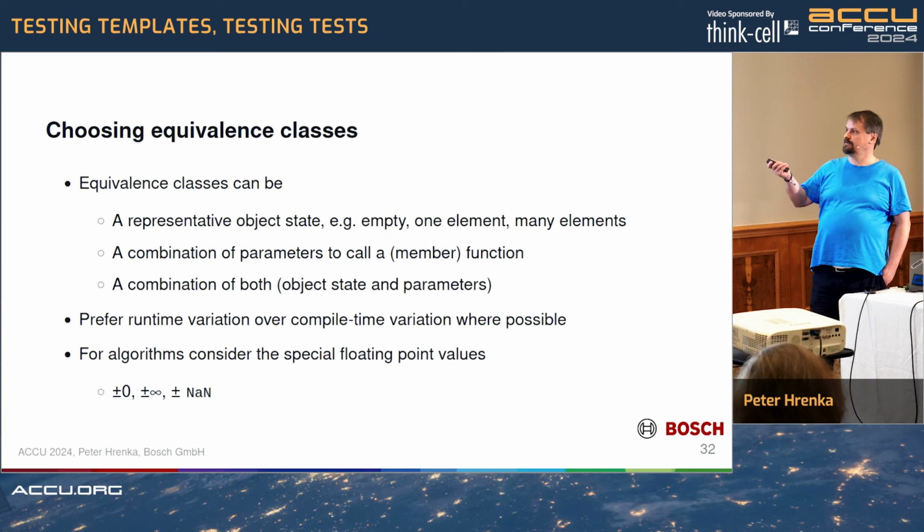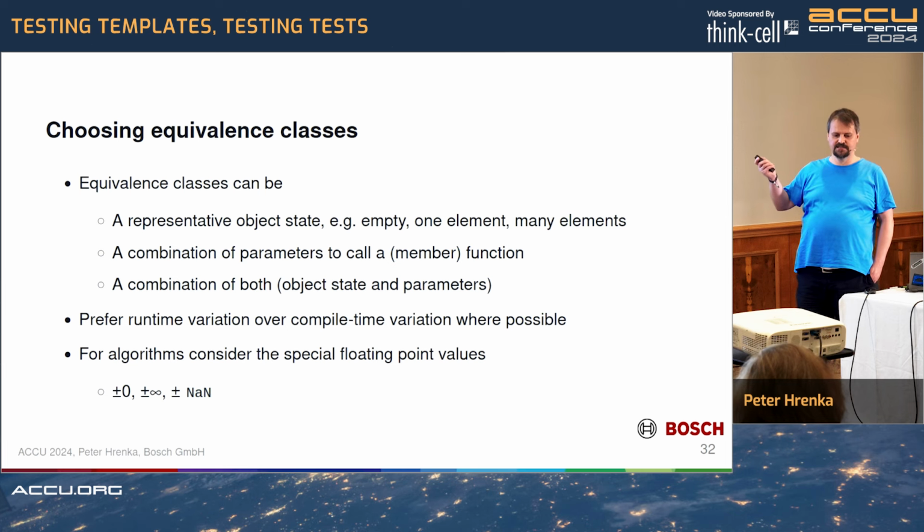What I try to avoid is putting everything in compile time. You could probably do all of that as a compile-time construction, but if it's possible to construct these equivalence classes at runtime, you should really do that, because constructing something and also variations at runtime is really cheap. That's what we do.